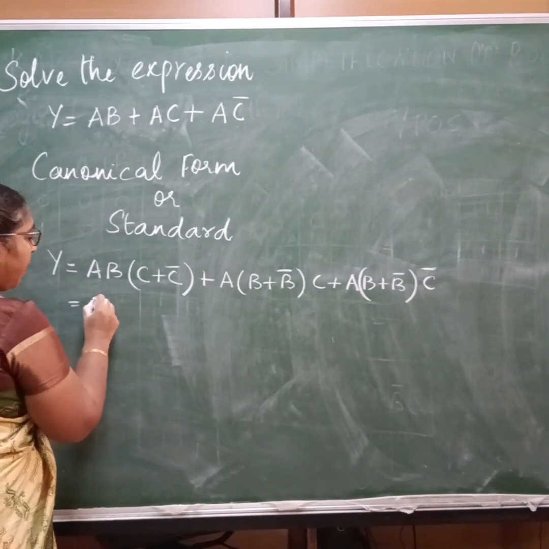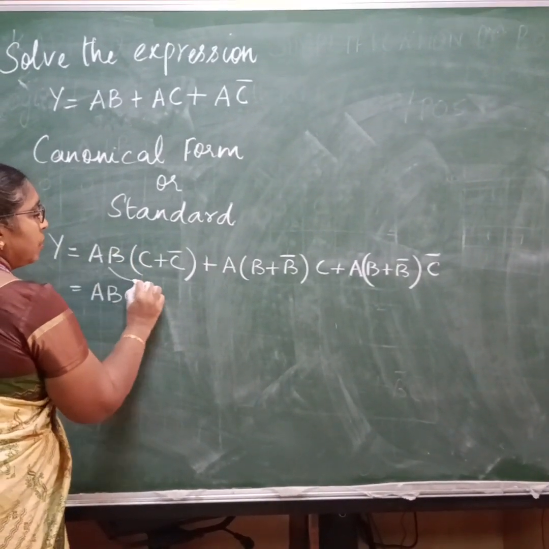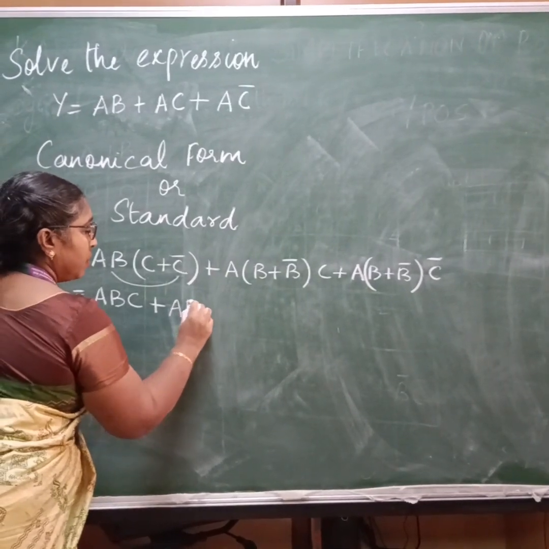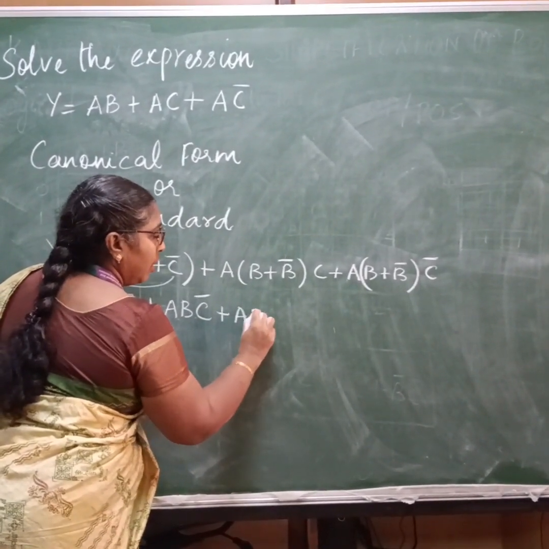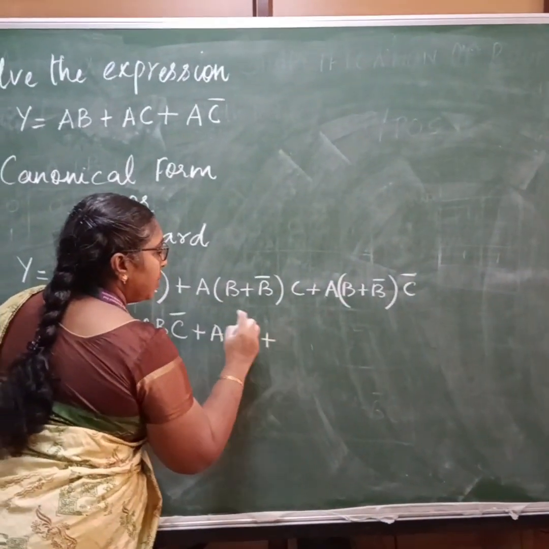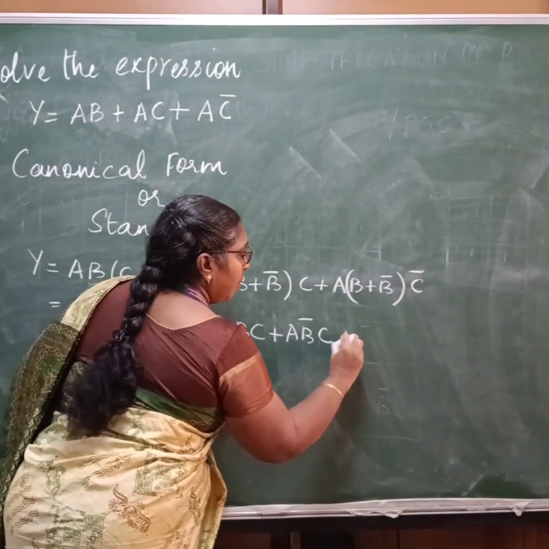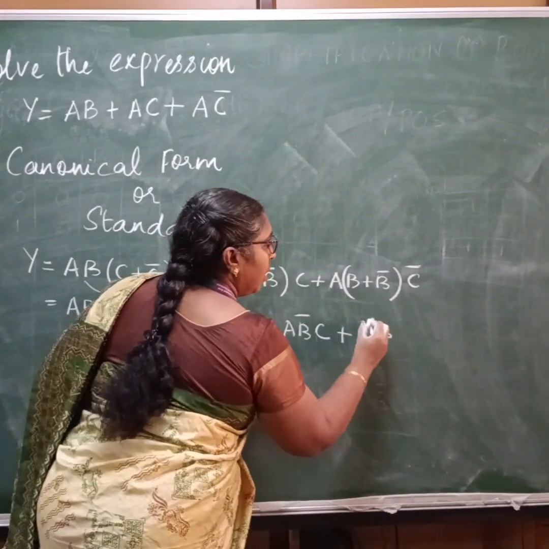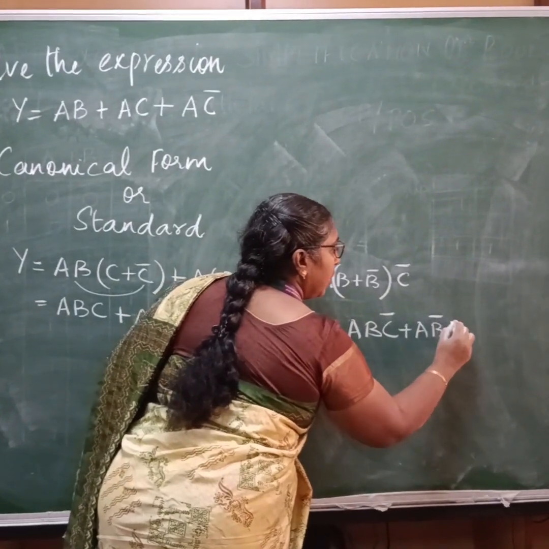We just multiply it: ABC plus ABC bar plus AB, then ABC plus AB bar C plus ABC bar plus AB bar C bar.